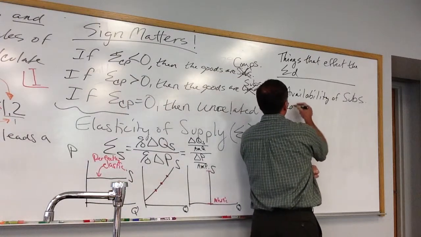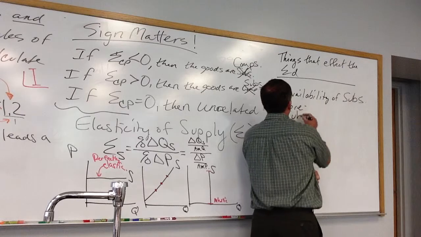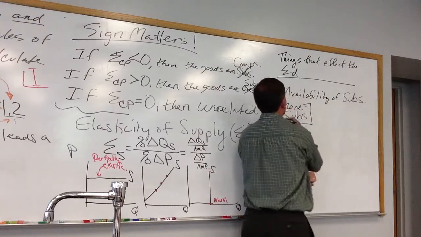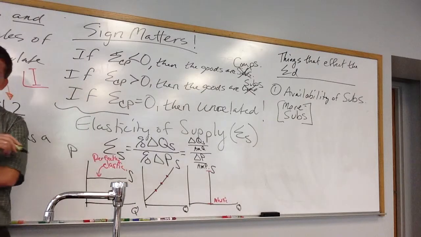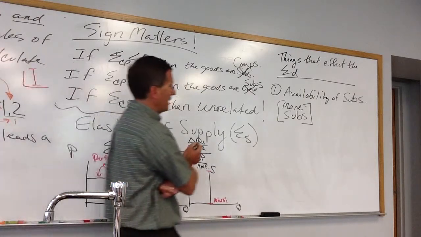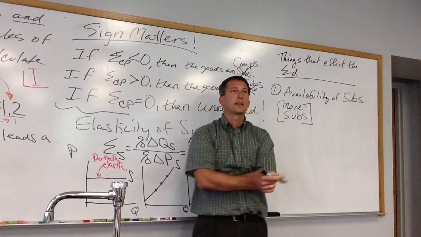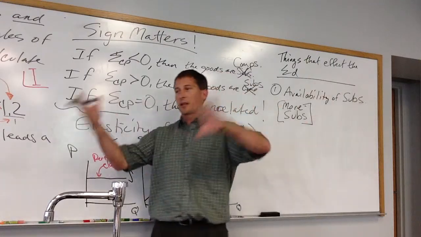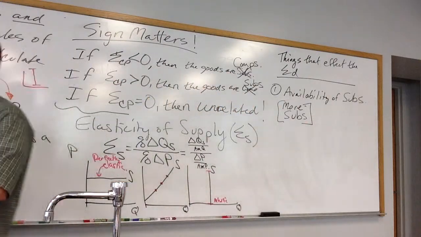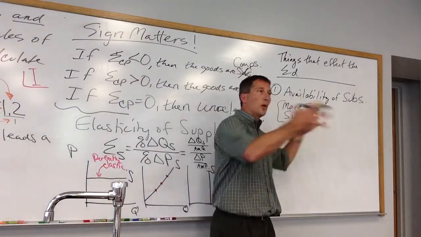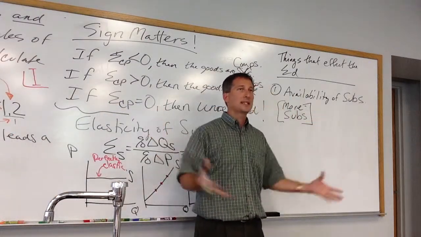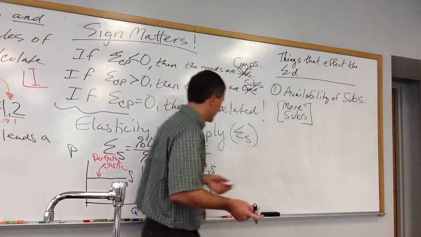The more substitutes we have for a good, imagine fast food hamburgers, or cell phones, whatever good we want to define. If there's more and more substitutes available, what happens to the elasticity of demand?